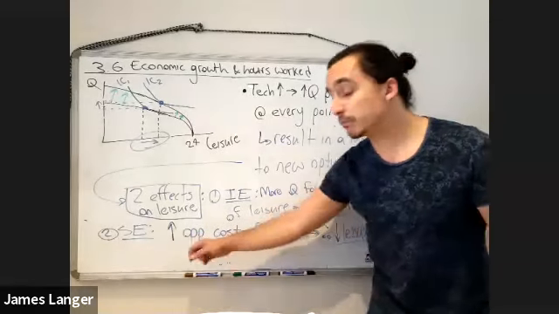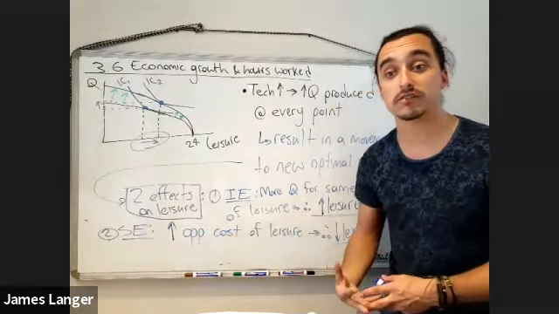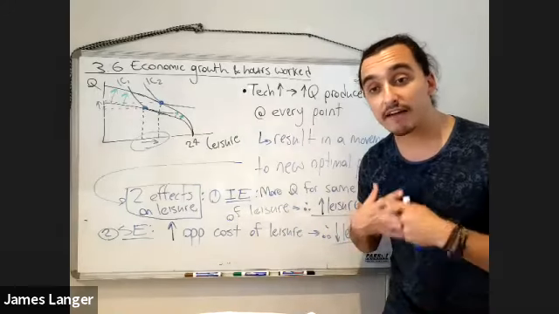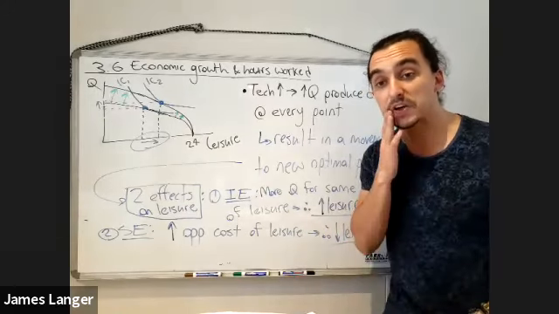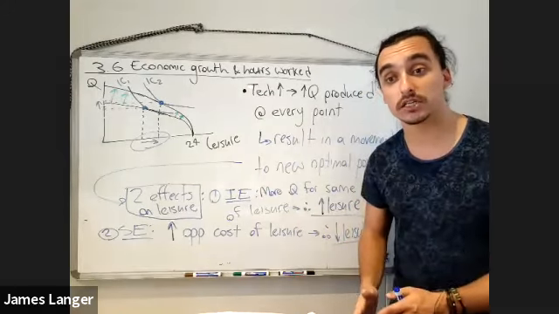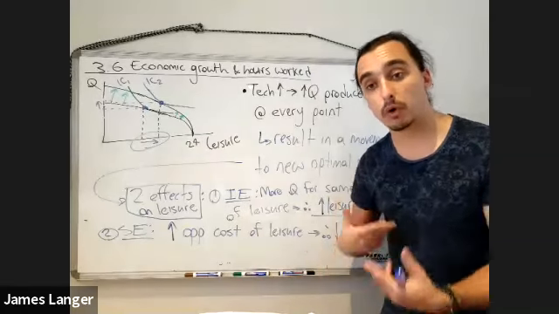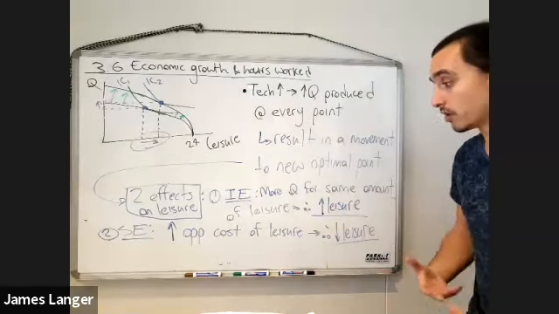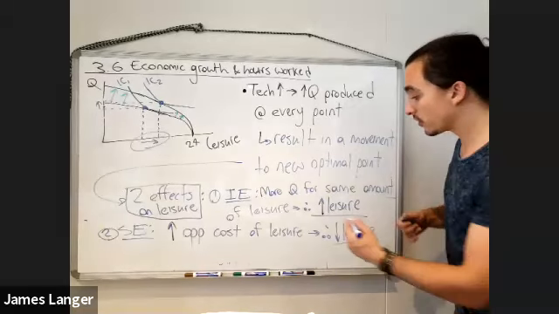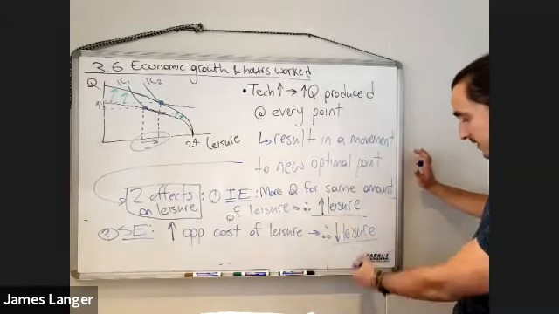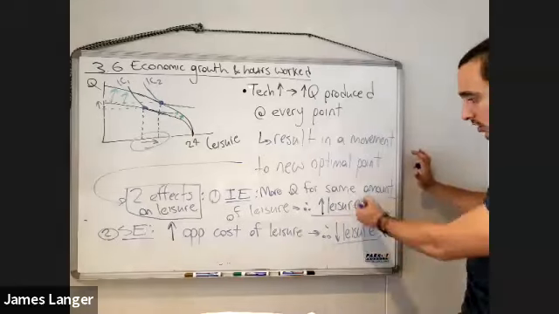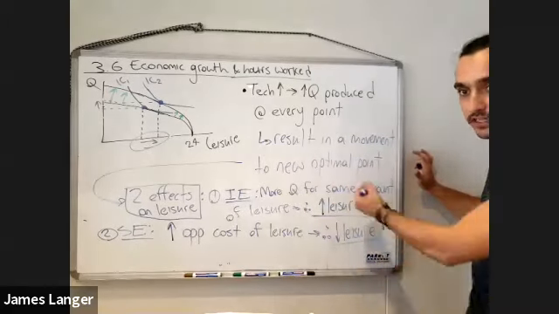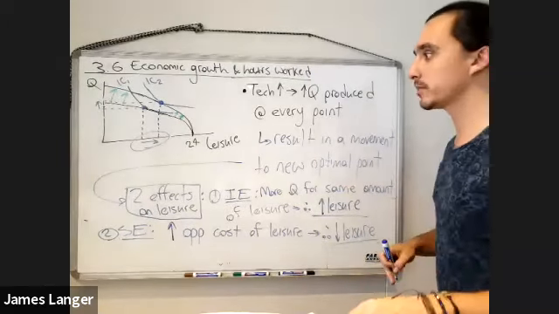So there's essentially been an increase in the opportunity cost of leisure. At every hour of leisure, there's a higher opportunity cost associated with consuming more leisure. You're giving up more and more than you did before. So we've got these two effects that counteract each other. Do we see that? And that's what we're going to be looking at.